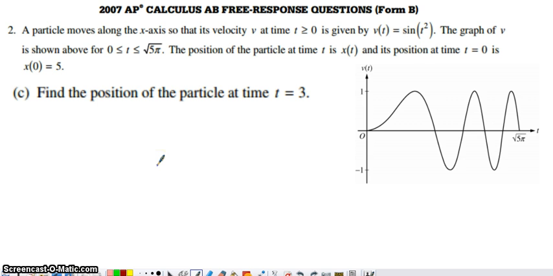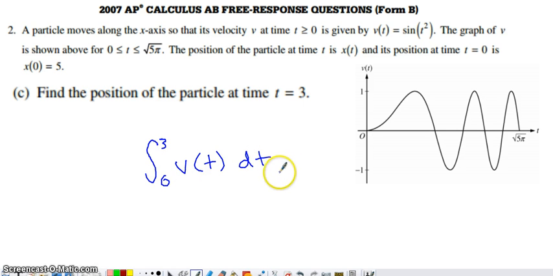Now, position would be measured in meters from the origin, miles from the origin, whatever the units of distance in this case are. If we do the integral of velocity, we get something that has units of meters, miles, depending on what the units of velocity are. We want to figure out what the position is at t equals 3.